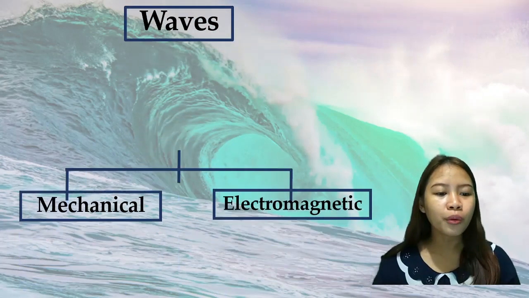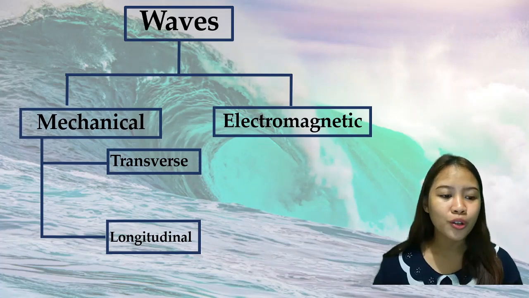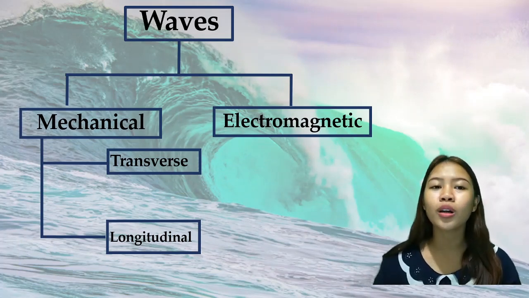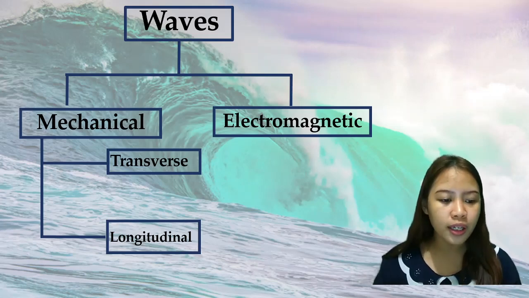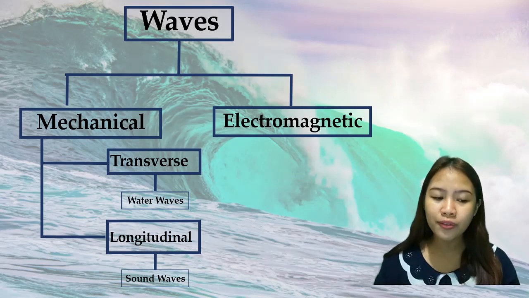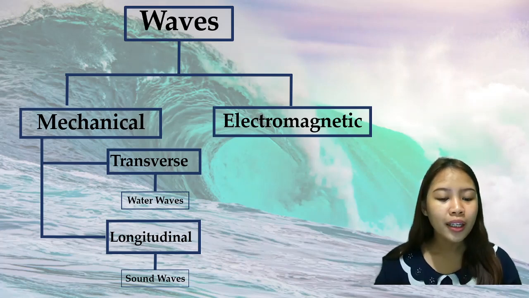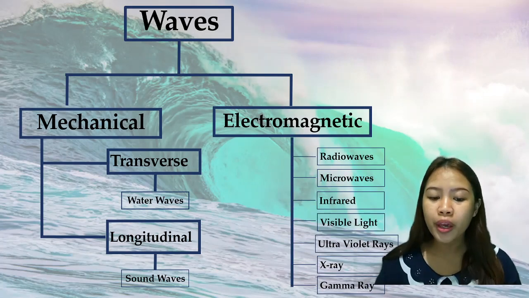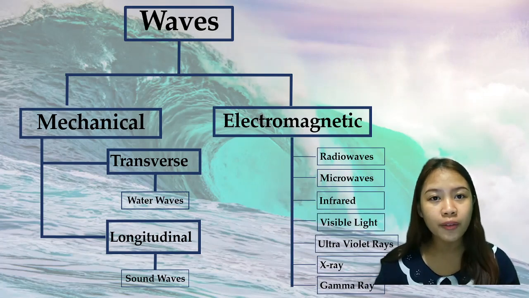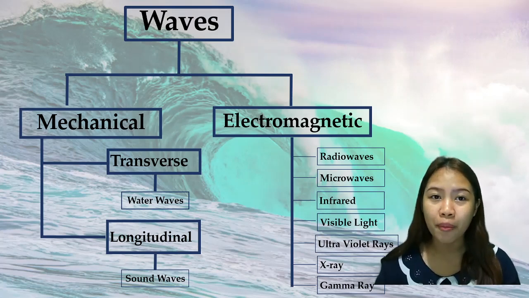So here are the following types of mechanical wave. We have the transverse and the longitudinal wave. An example of a transverse wave is the water waves, and for the longitudinal wave, the sound waves. While in the electromagnetic waves, we have the radio wave, microwave, infrared, visible light, ultraviolet rays, X-ray, and gamma ray.